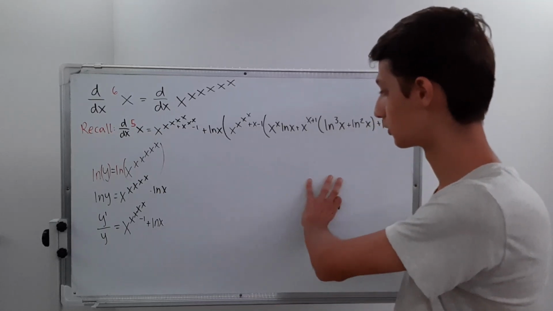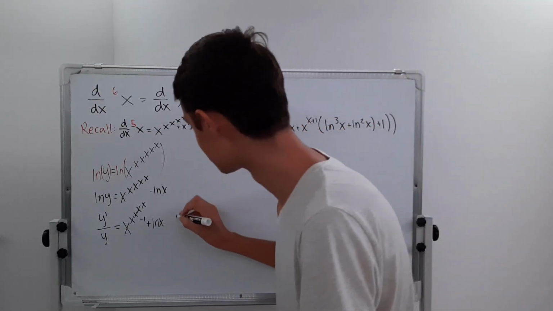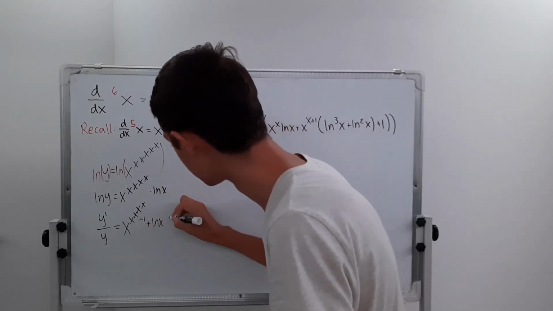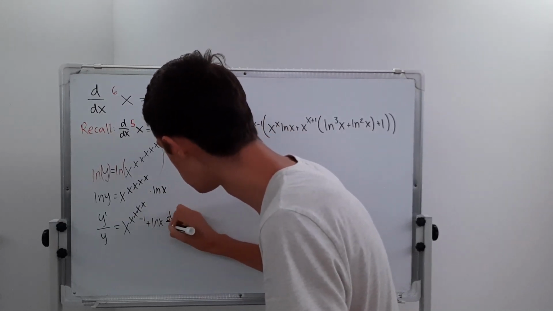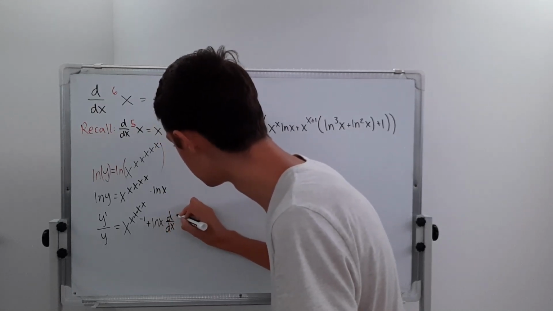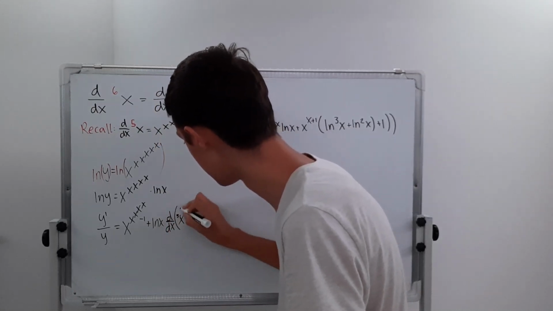I'm going to leave that to write out in this space. So this is going to be times the derivative of our fifth tetration of x.